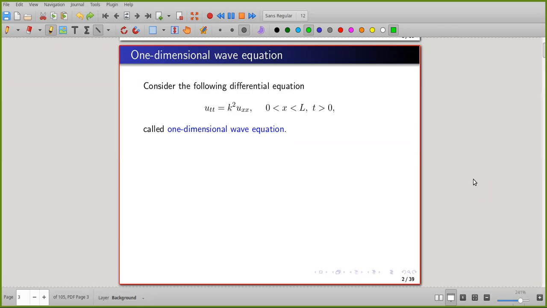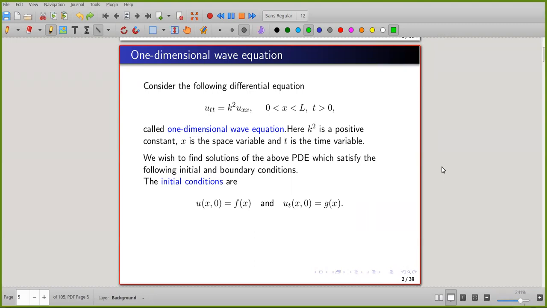Here we have u_tt is equal to k squared u_xx, with x between 0 and L, and t strictly greater than 0. These are the initial conditions given to us: u(x,0) is equal to f(x), and u_t(x,0) is g(x).